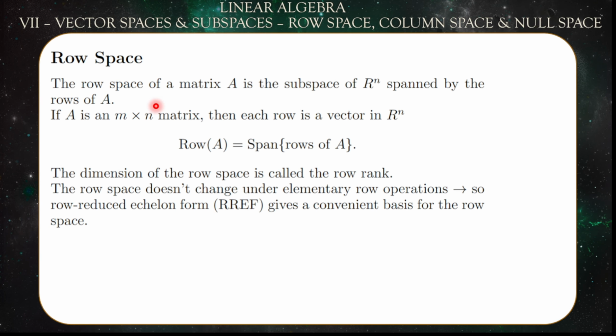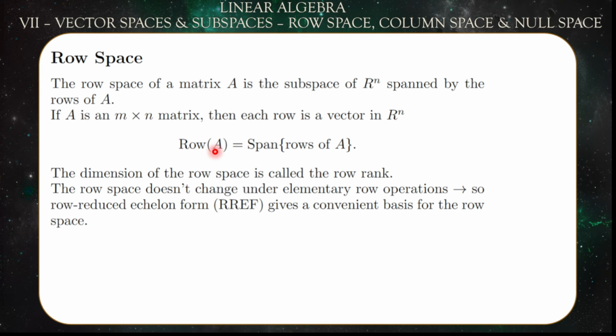Row space. The row space of a matrix A is the subspace of Rn spanned by the rows of A. If A is an m by n matrix, then each row is a vector in Rn.